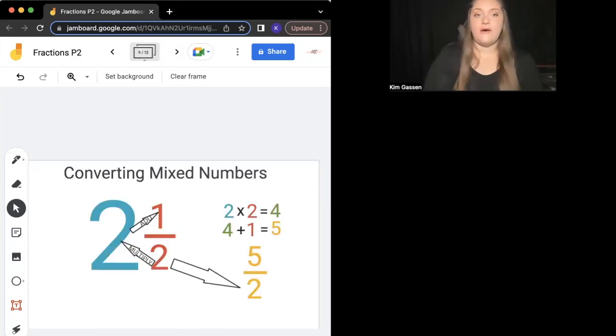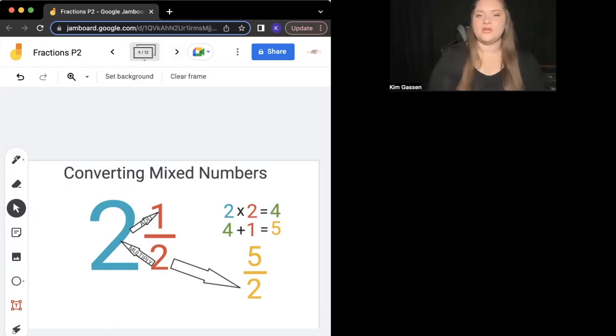So next, we're going to talk about how to turn a mixed number into an improper fraction. Now, why do we need to know this? Well, sometimes when we're working with fractions, it is easier to work with them as improper fractions. For example, when we're adding them or subtracting them, sometimes it's just easier if they're improper, okay?